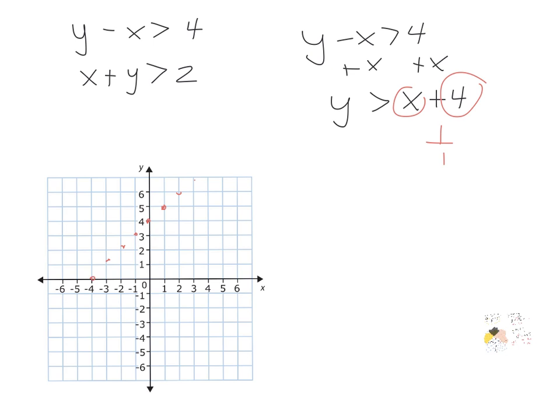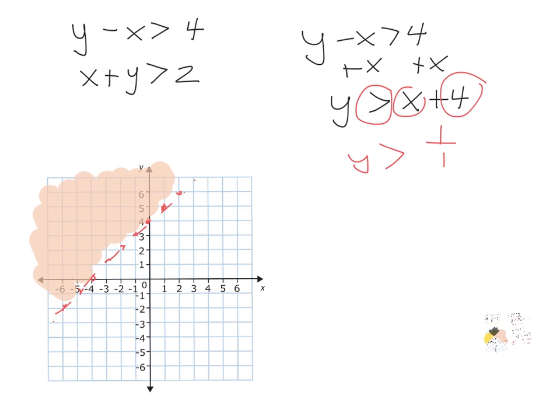I decide, is it going to be a dashed line or a solid line? y is greater than is a dashed line. I decide to shade above because y is greater than is above the line. So I'm going to shade that one lightly with your pencil above the line.